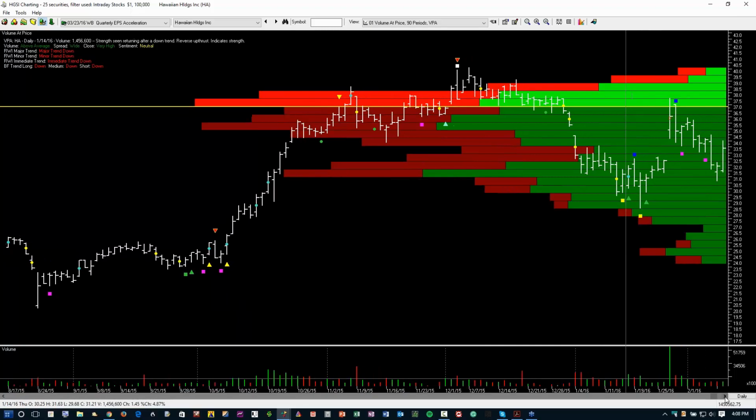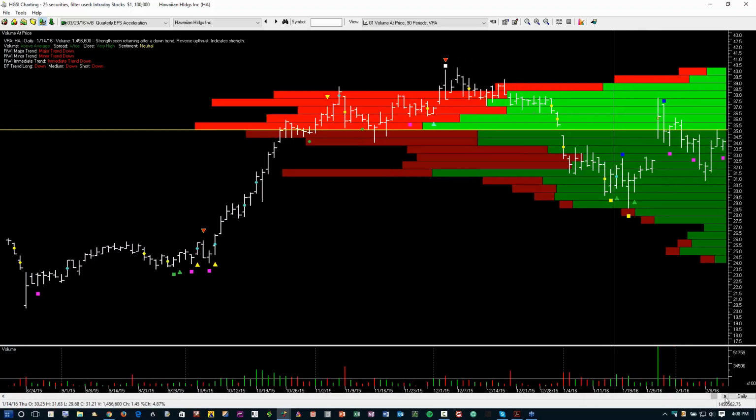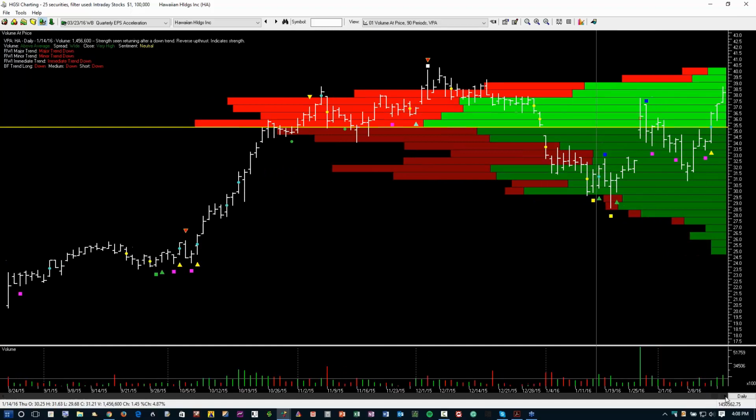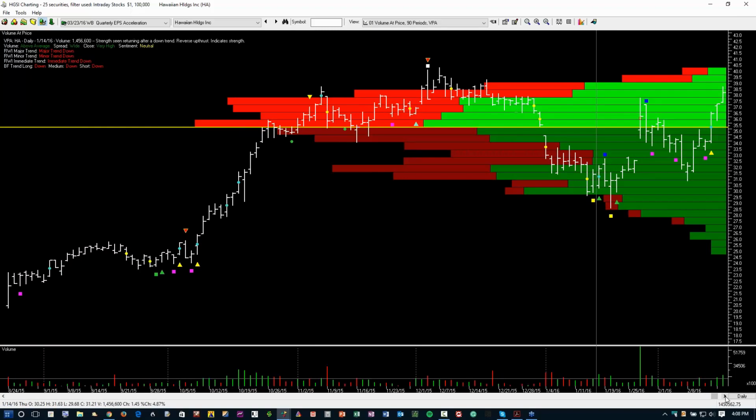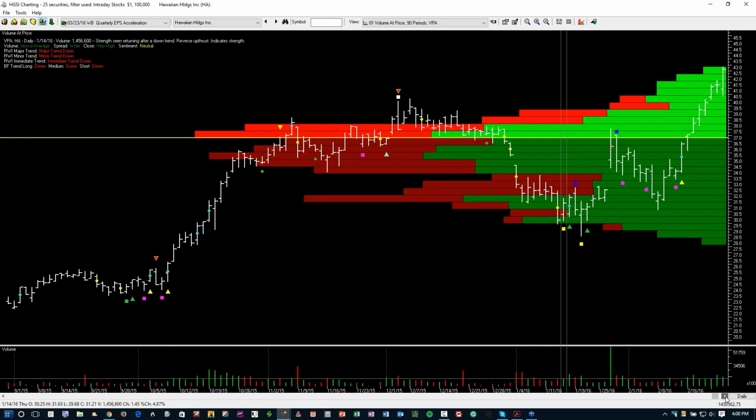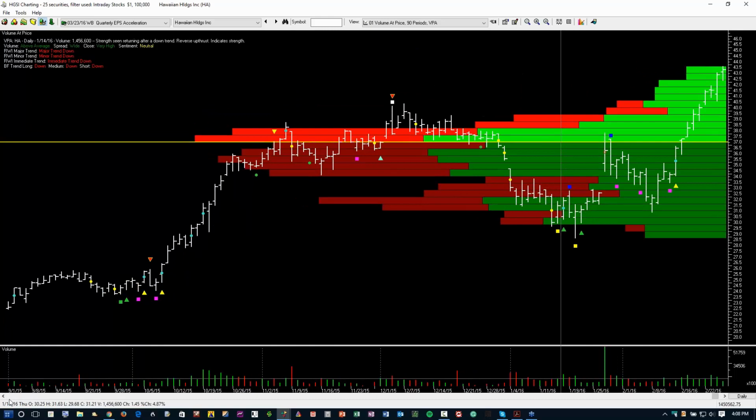Yeah, and it never did manage to get above that. And now the VPOC begins to change because that big volume spike day will move this volume point of control. And so you get this kind of effect. But now notice how it's broken out above.